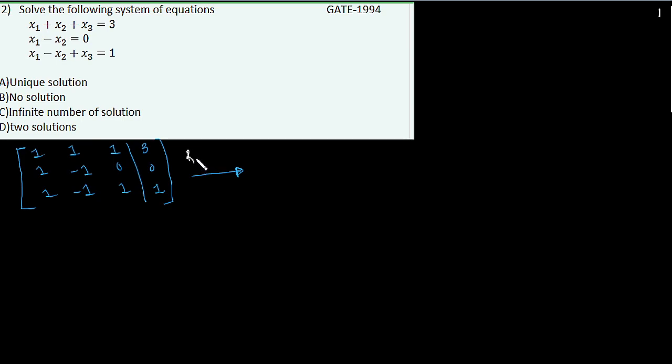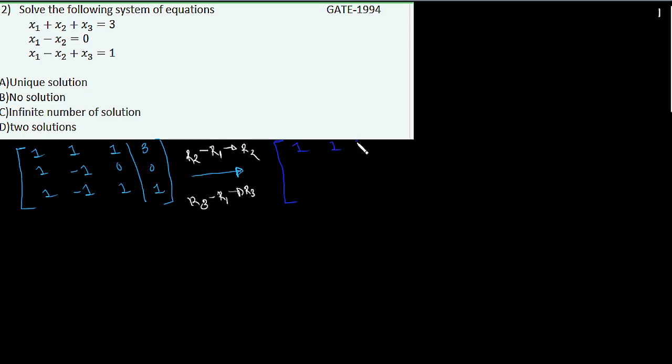First of all, let's subtract R1 from R2, and it becomes our new R2, and let's subtract R1 from R3, which gives the new R3.